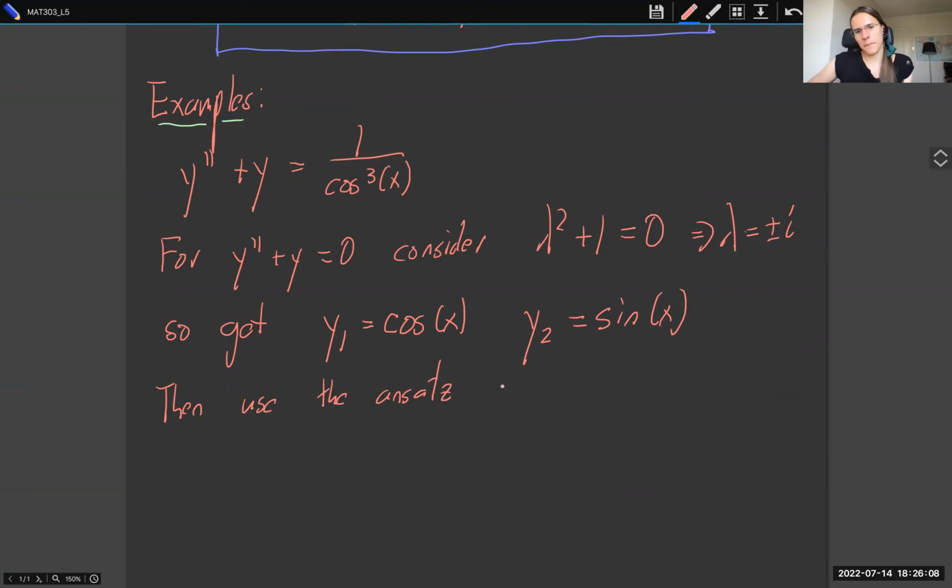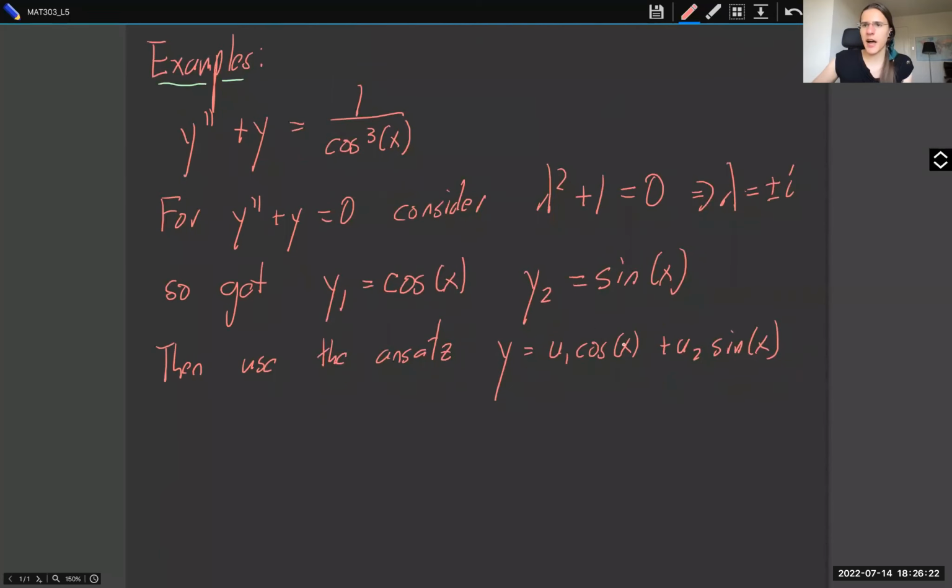that y is equal to u1 cos x plus u2 sine x. And I'm going to require you in your solution to write the hypothesis that we're assuming, such that u1 prime cos x plus u2 prime sine x.